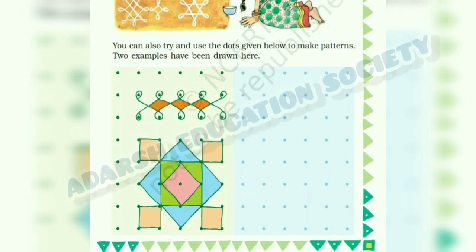Now here we can draw similar design also, and you can draw your own design. First of all, you have to count the dots and make beautiful patterns. You can draw your own design. You can draw design like this also. Okay children, you have to draw your own and color it.